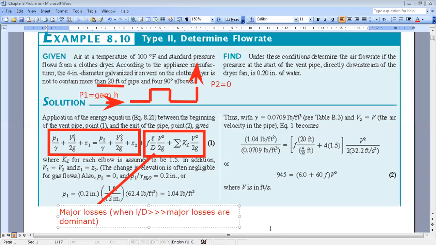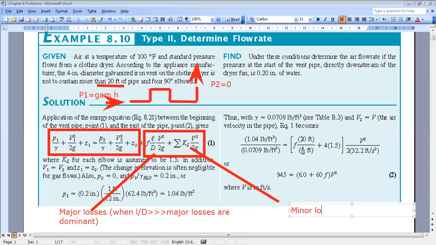And I will show you a table. You have a table for different types of accessories that will give you minor losses, and for each accessory, they will give you the corresponding loss coefficient Km, okay? So here, the other term represents minor losses.